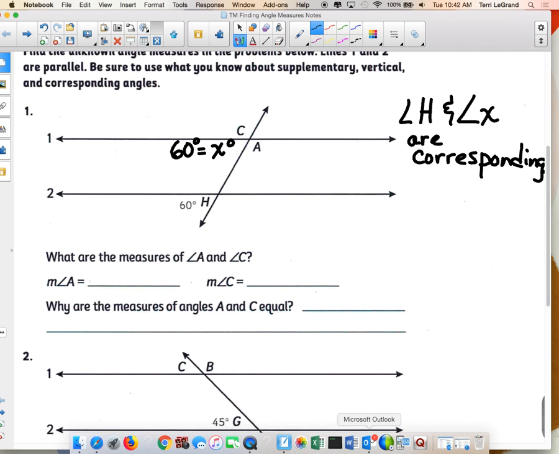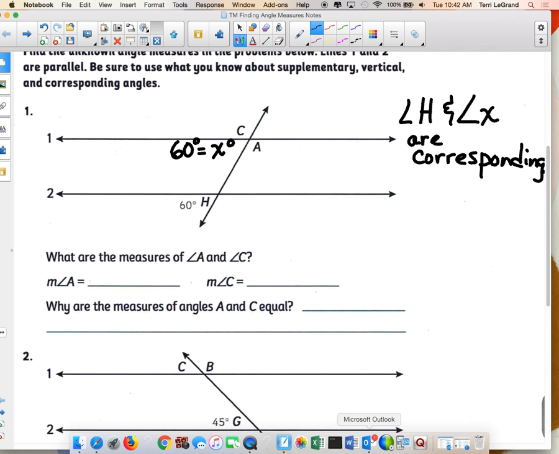Well, does that help us any? Could we find A or C now, maybe? What kind of relationship could we set up with either A or C with that little x that we just found? Supplementary? Okay, which angle do you want to work with? A?